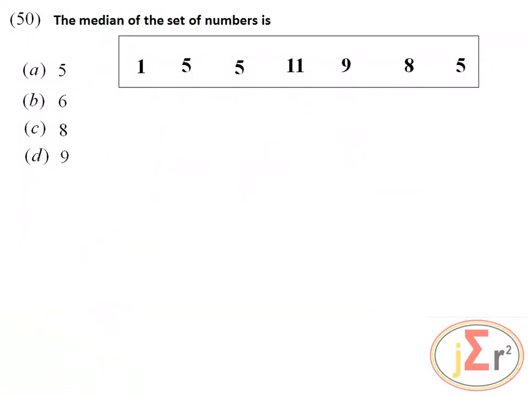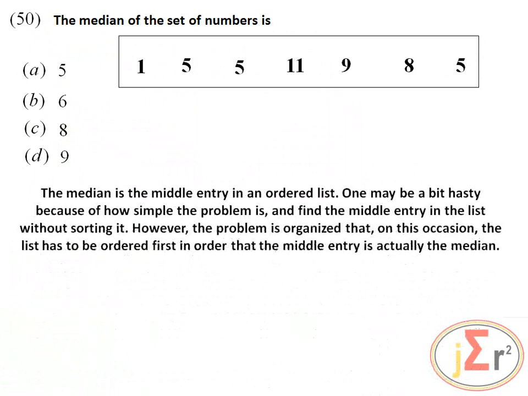We need to determine the median of the set of numbers that we have right there. The median is the middle entry in an ordered list. One may be a bit hasty because of how simple the problem is and find the middle entry in the list without sorting it.